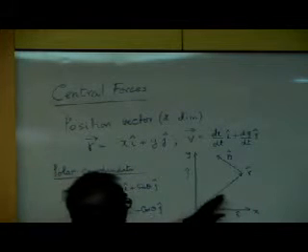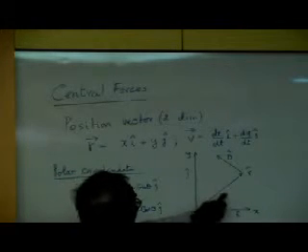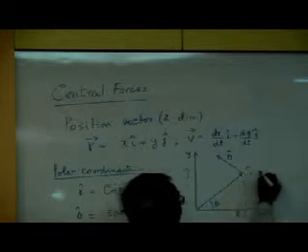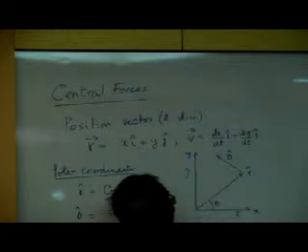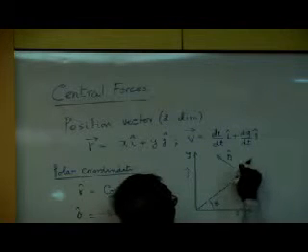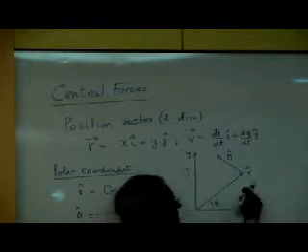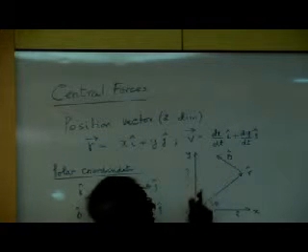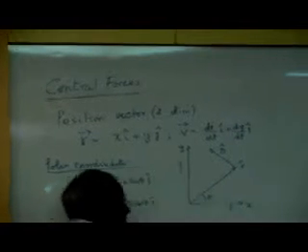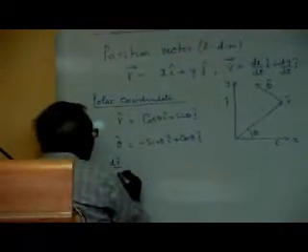If I keep moving my particle, if a particle is here, x is in this direction, i cap is in this direction, y cap is in that, j cap is in that direction. The direction of i doesn't change. But on the other hand, for r cap, if I move in this direction, r cap direction changes. So I can write down dr cap dt right from here.